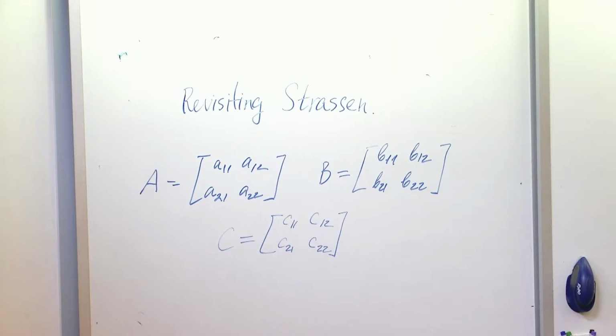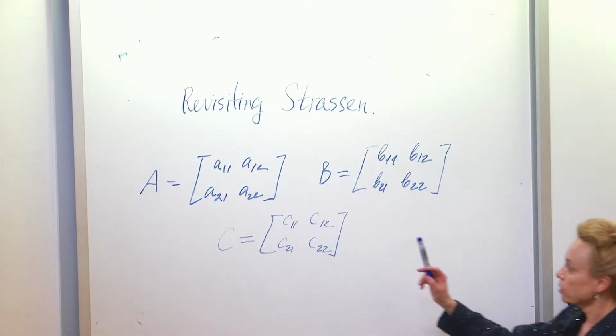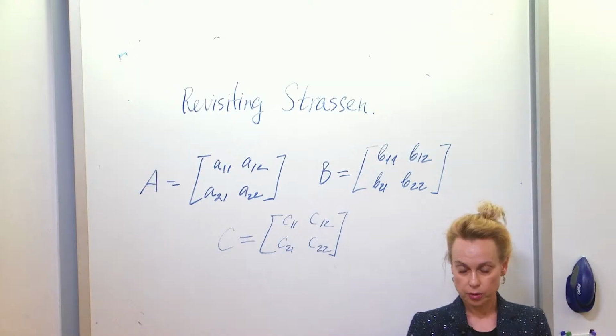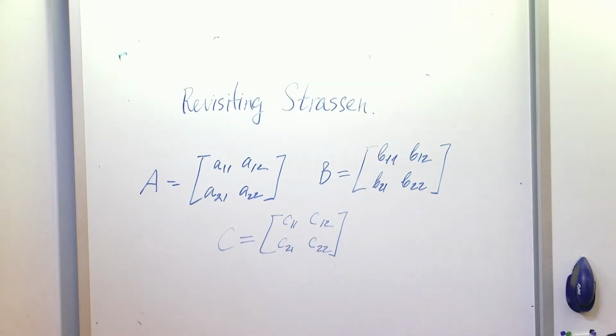Why 8? Because to compute each entry in the product, you need to perform exactly 2 scalar multiplications, plus an extra addition. So you go 2 by 4. That's 8 scalar multiplications. Scalar means a scalar value times a scalar value. Nothing fancy is going on, right? Plus addition.